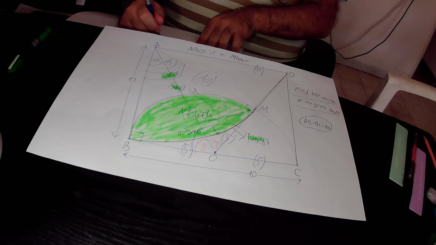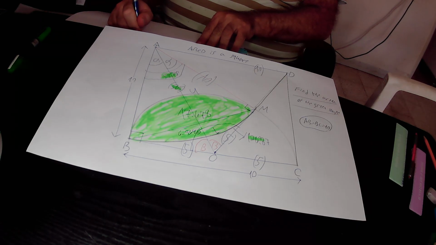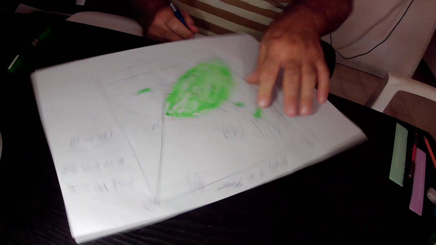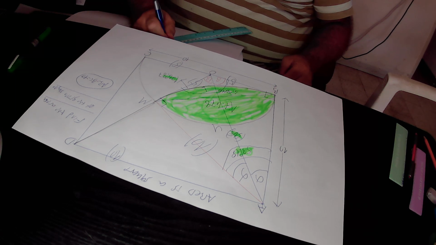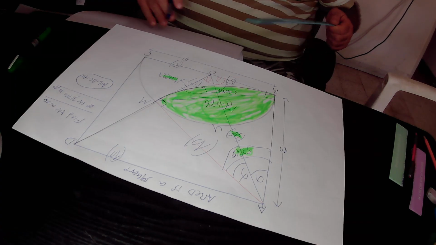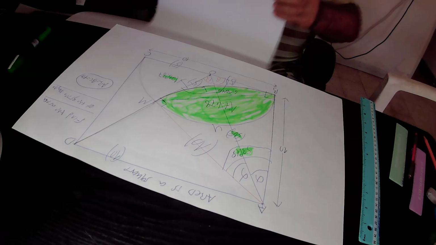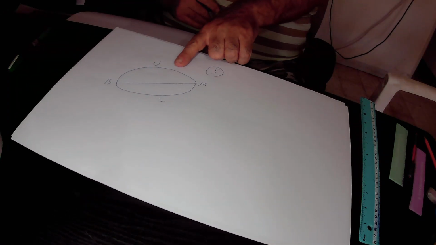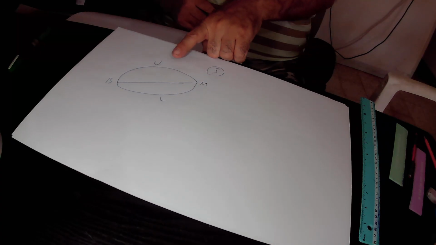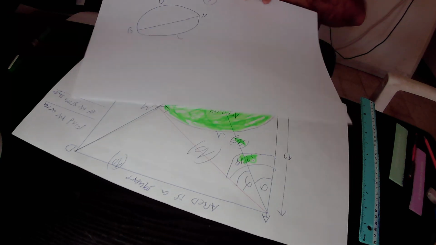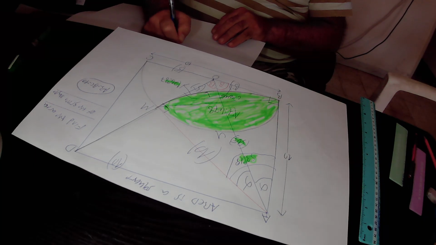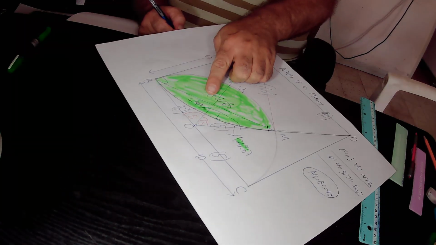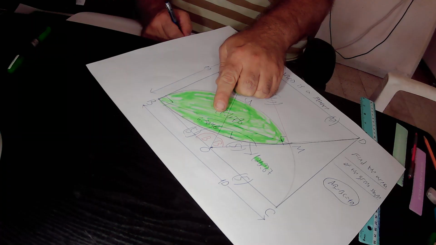So we found that the area of the green shape in total is equal to the area of the upper segment BUM plus the area of the lower segment BLM: 17.678 square inches plus 6.3646 square inches.